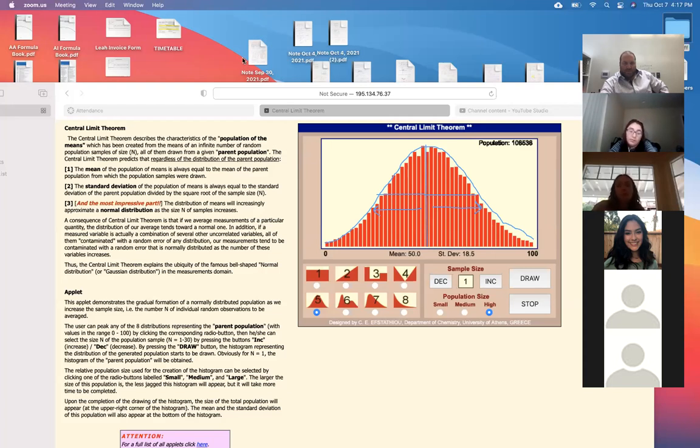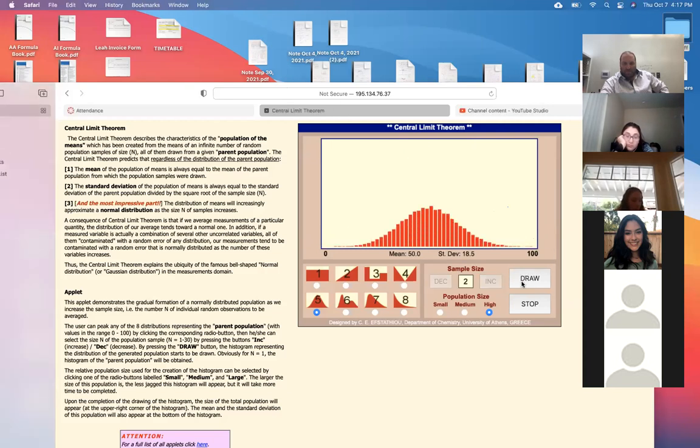Yes, okay. So let's see what happens when I do 2 at a time instead of 1 at a time. First, let's clear this. I want you to focus on 2 things as we pay attention to this: where the mean is and what the standard deviation is. Look at this, okay. So let's do it again. What do you notice?